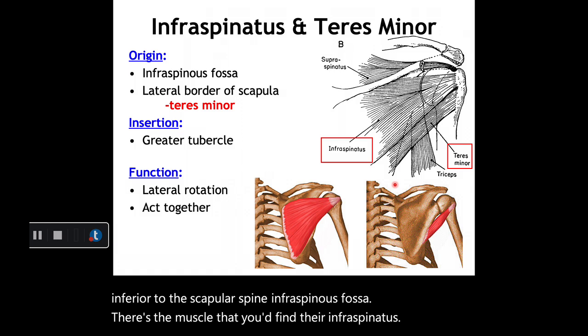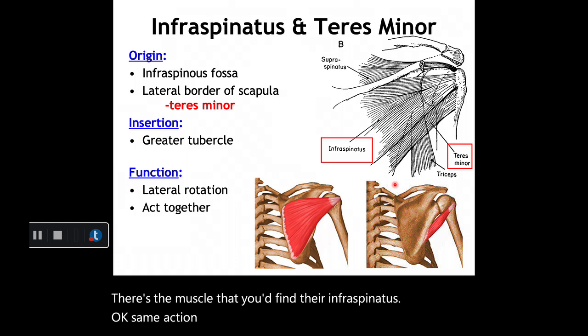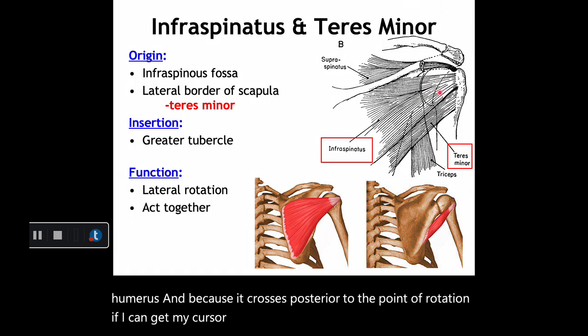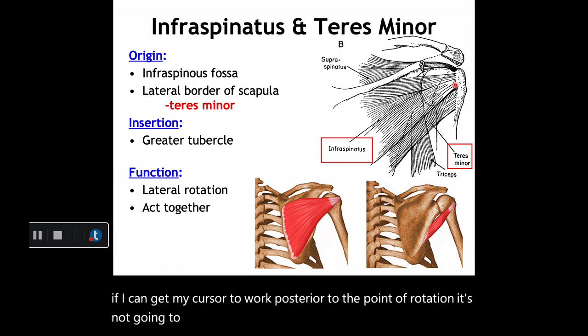Okay, same action. It's going to run laterally and attach to the humerus, and because it crosses posterior to the point of rotation, it's not going to medially rotate. It will laterally or externally rotate at the glenohumeral joint.